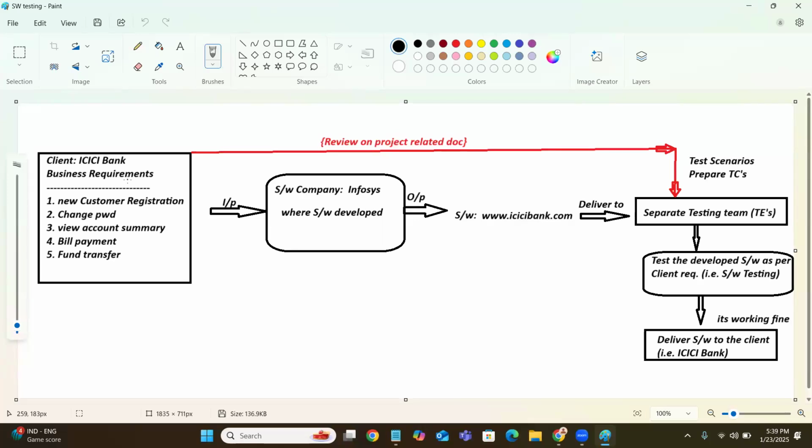In the present scenario, every organization maintains a separate testing team.